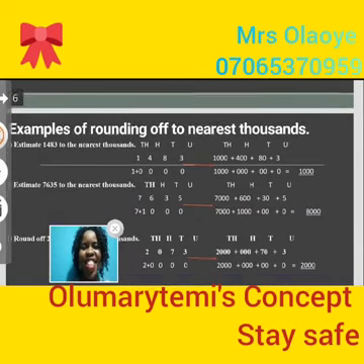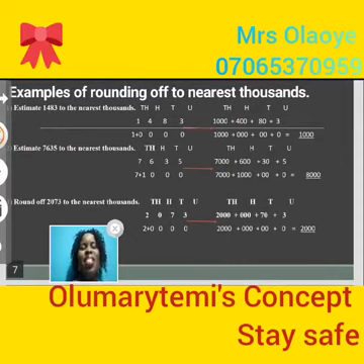Examples of rounding up to the nearest thousand. How do we go about this? Question 1. Estimate 1483 to the nearest thousand. Remember that when we're estimating for nearest tens, what determines it is the one behind the tens, which is what? Unit.